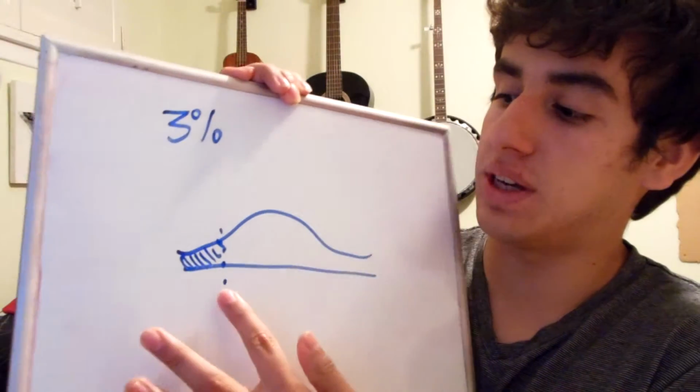So we did an example in class where we wanted to see what the cutoff point was at 3% of human temperature. Human temperature on average is like 92 or something like that, and the standard deviation was like 0.76 degrees Fahrenheit. And so what it was asking us to do was find the cutoff point all the way over here at 3%.